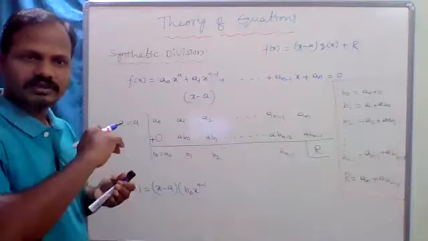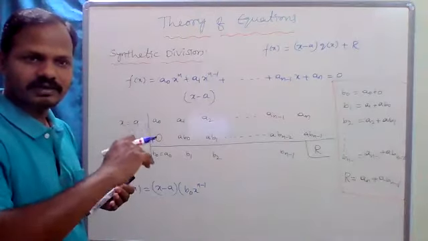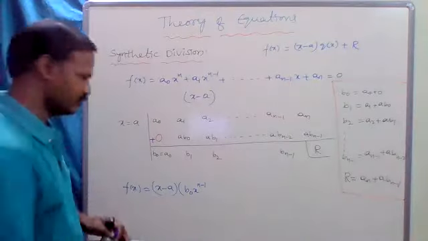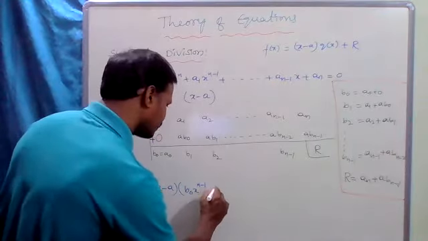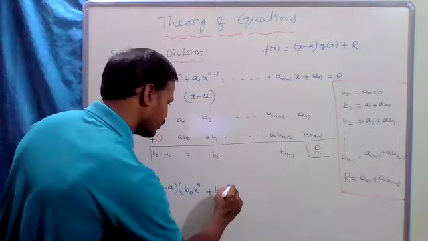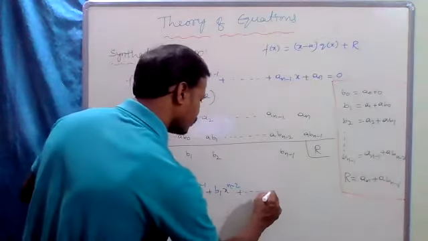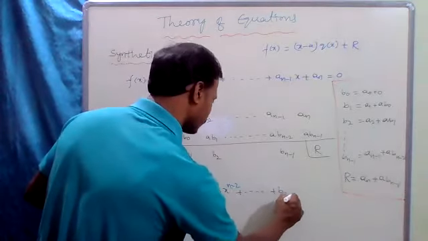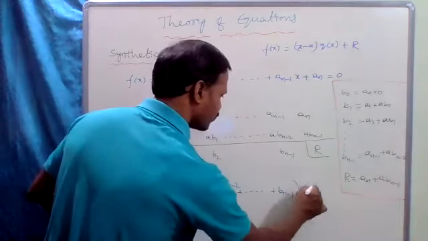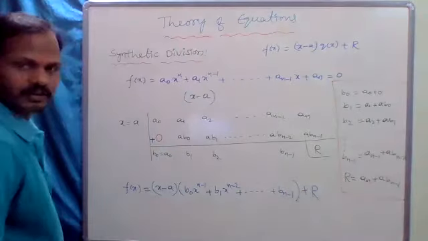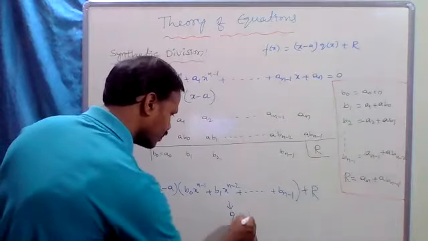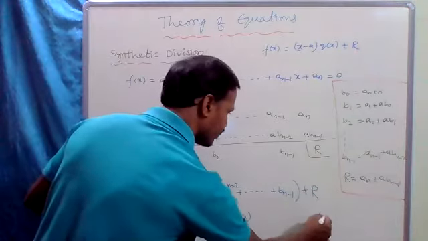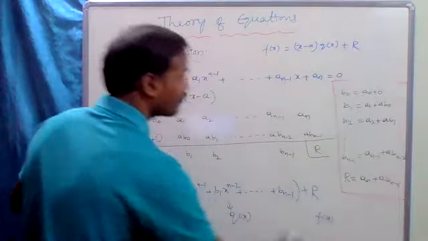So x minus a into b naught x power n minus 1 plus b1 x power n minus 2 plus so on plus b n minus 1, plus r. Now this is our q of x and this is our remainder, which is f of a.